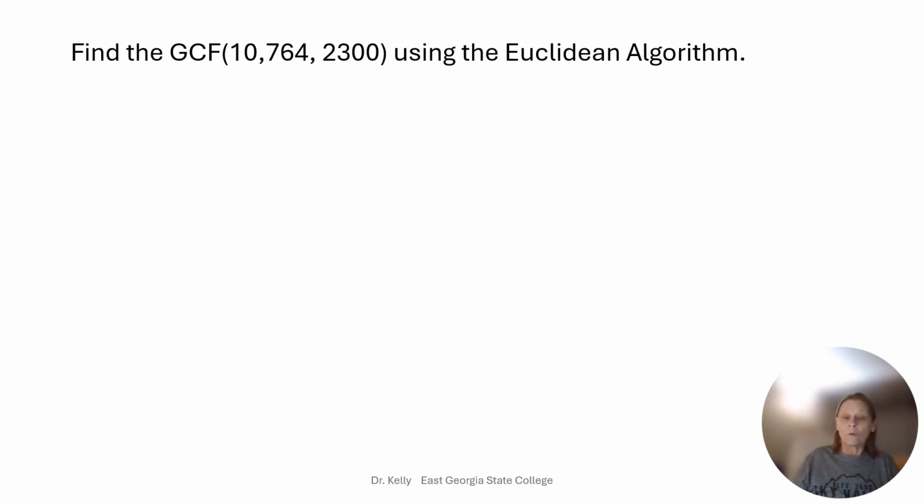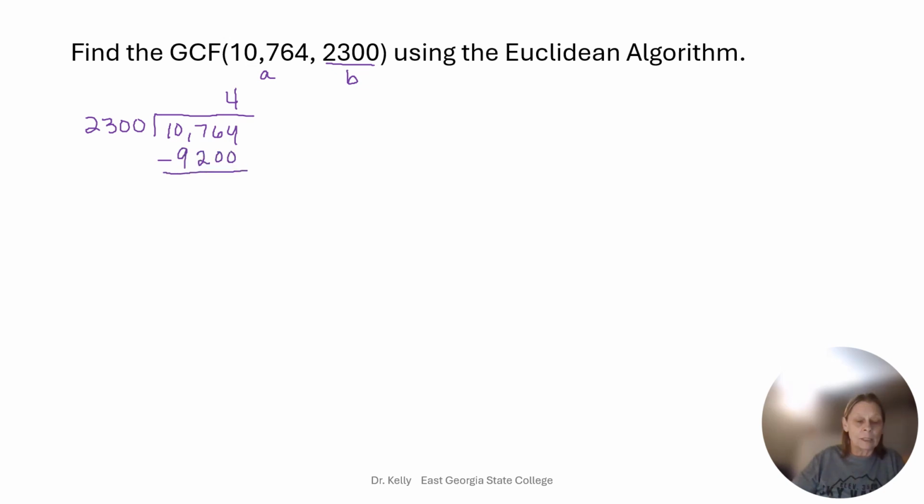The first step is we take the B. Remember, this guy's B. We're going to take B and divide it into A. We do this quick division here, and 2,300 goes into 10,764 4 times, and when we multiply that through, this leaves us with 9,200, and we do that subtraction.